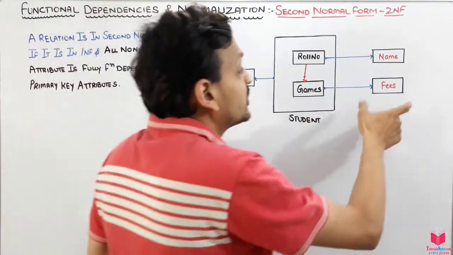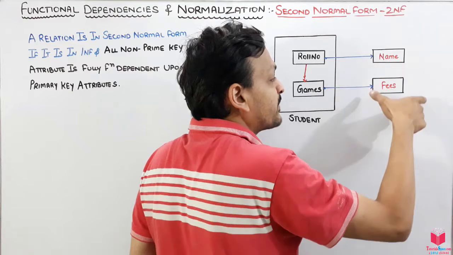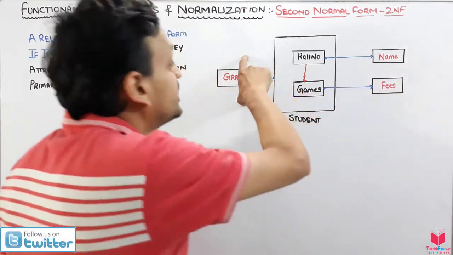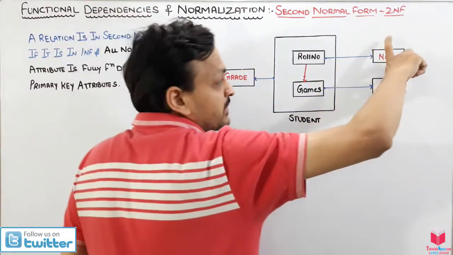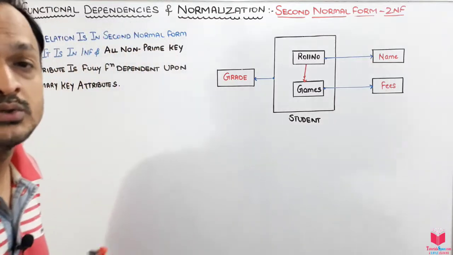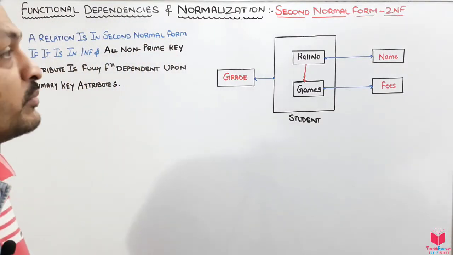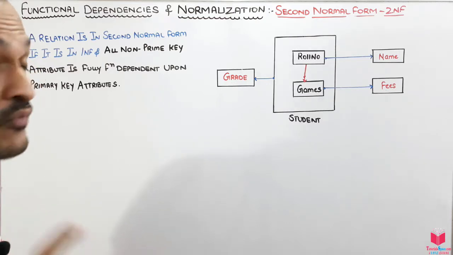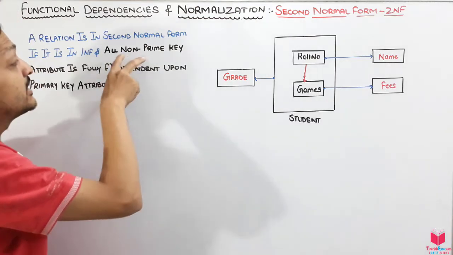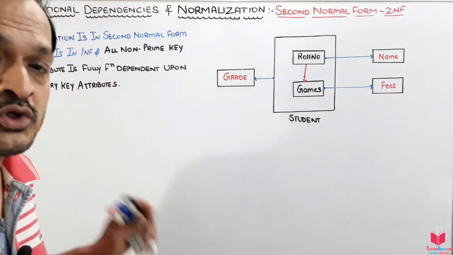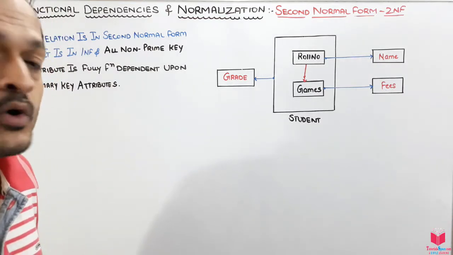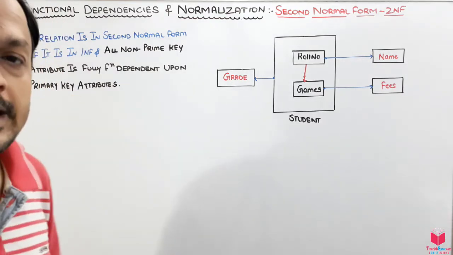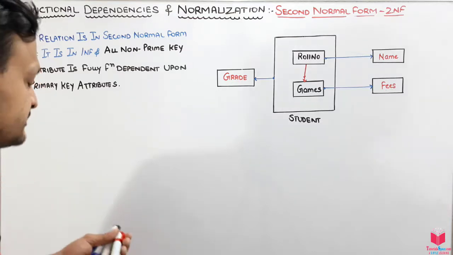So this is a full dependency, but this is a partial dependency. We have to reduce this table to bring it to the second normal form. So how will we do that? We have to follow the definition that all non-prime key attributes should be fully functionally dependent upon all the prime key attributes. So let's see how we can do it.